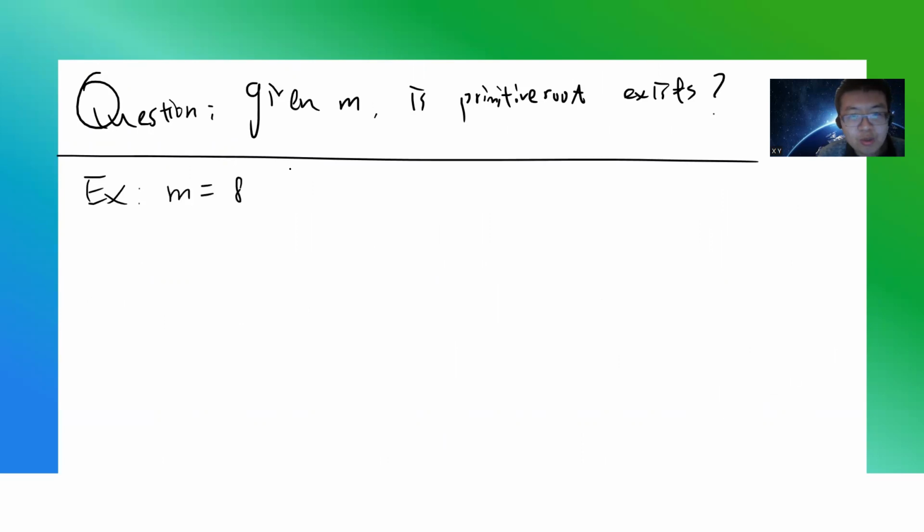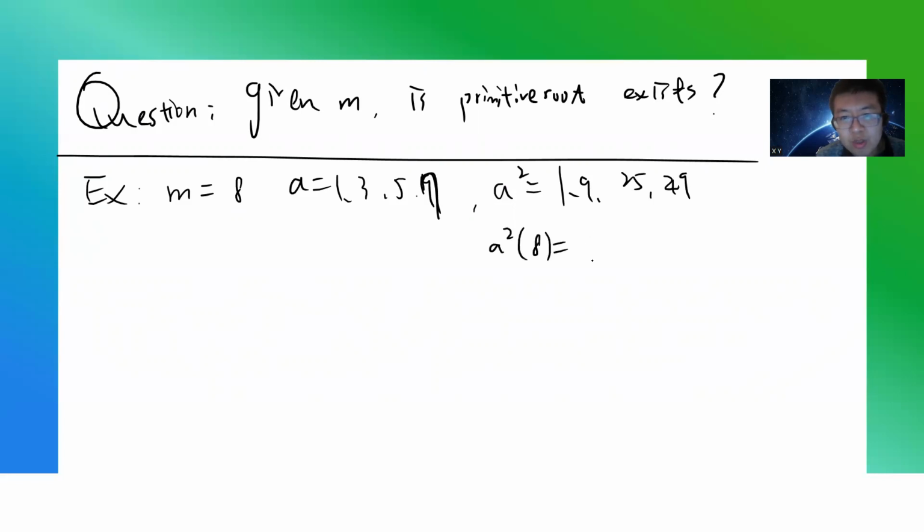If you check M equals 8, your a can be 1, 3, 5, 7. Your a squared will be 1, 9, 25, 49. And then a squared mod 8 will be 1, 1, 1, 1, right? Because 9 mod 8 is 1, 25 mod 8 is 1, 49 mod 8 is 1. Okay, so no primitive roots.